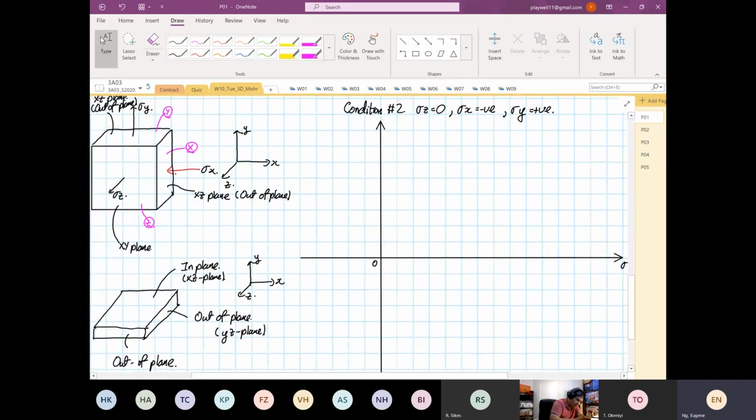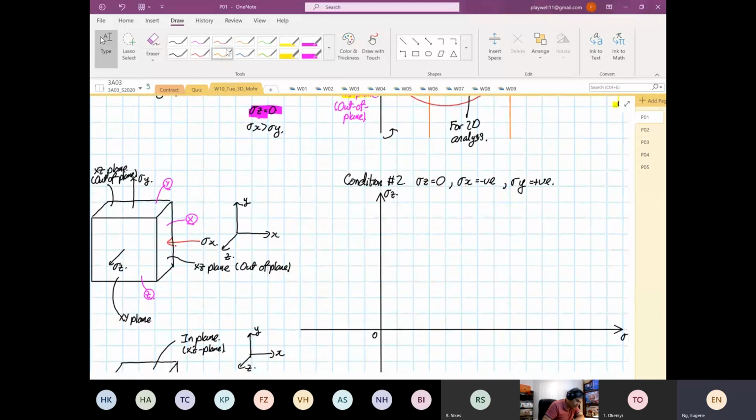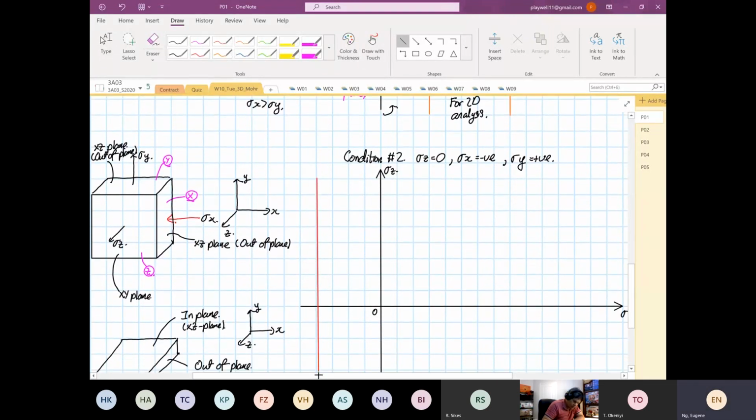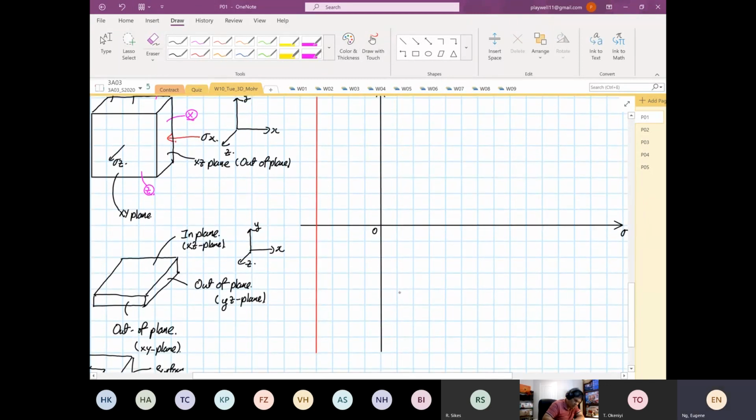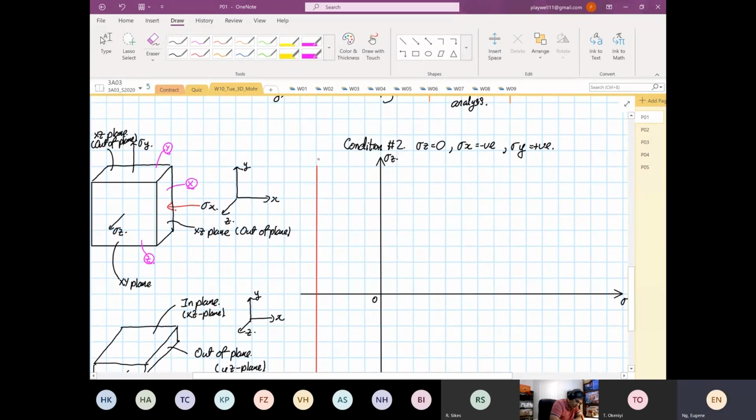Right, coming back to here. We know that this is our stress Z line, and then over here this is our stress X line, and then we have another one.